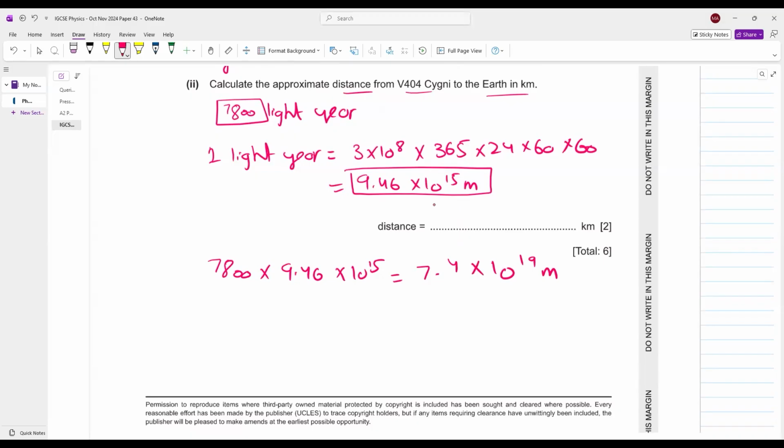Can you convert it into kilometers? Divide by 1000. निकाल लो 7.4 into 10 raised to the power of 19 divided by 1000. The answer comes out to be 7.4 into 10 raised to the power of 16 kilometers. You can write here 7.4 into 10 raised to the power of 16 kilometers.